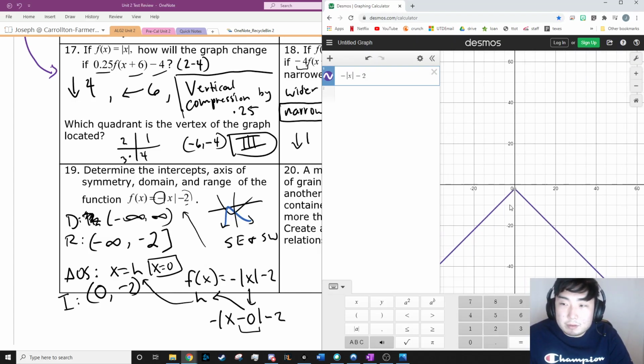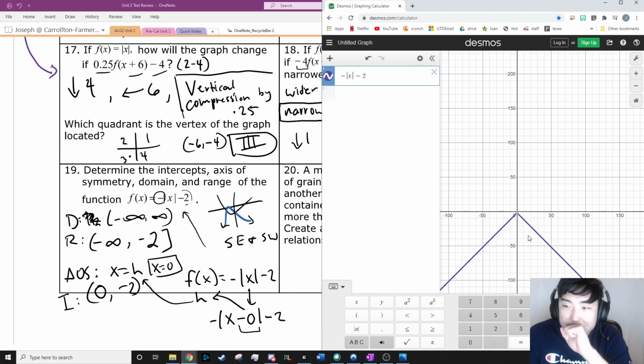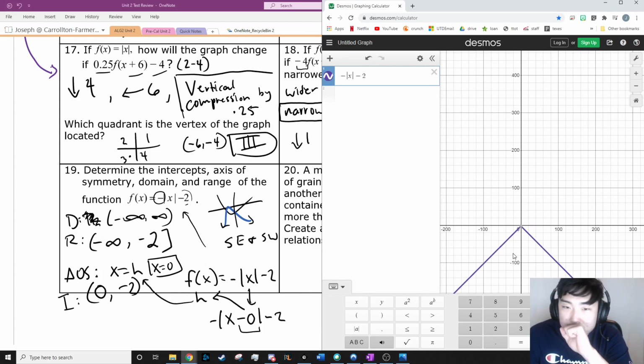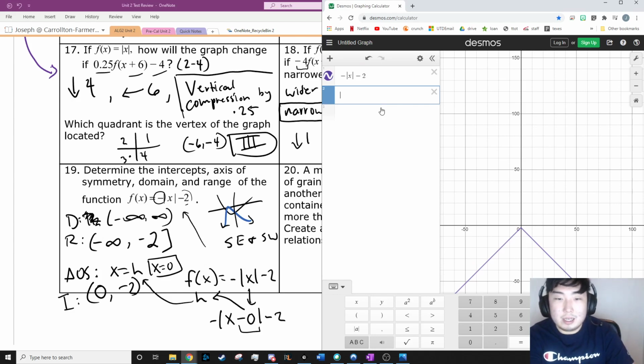My domain looks like it's going east, it's going west, it's going east, so that's true. My range looks like it's going towards negative forever, downwards forever, and the highest point is -2, which is my vertex. The axis of symmetry is x = 0.